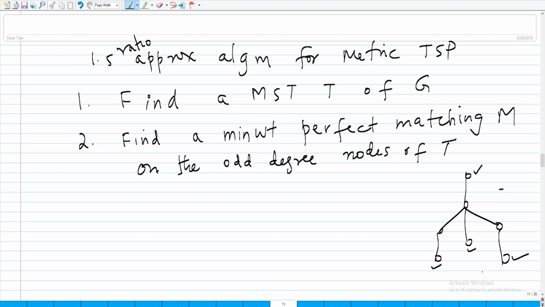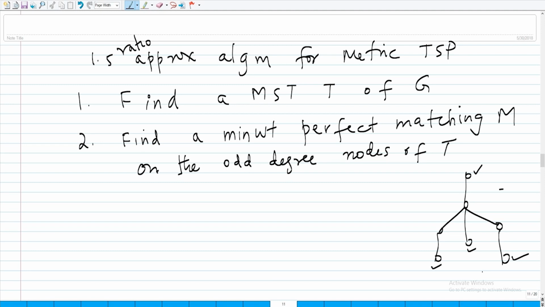The vertices I have ticked, I claim there will be an even number of them, because the number of odd degree nodes in any graph is even. That is the first theorem you would have seen. I have picked odd degree nodes in this minimum spanning tree, so there will be an even number of them.